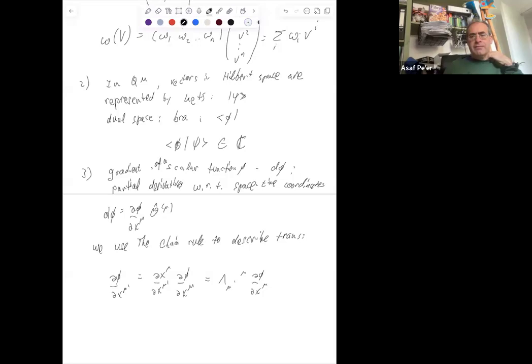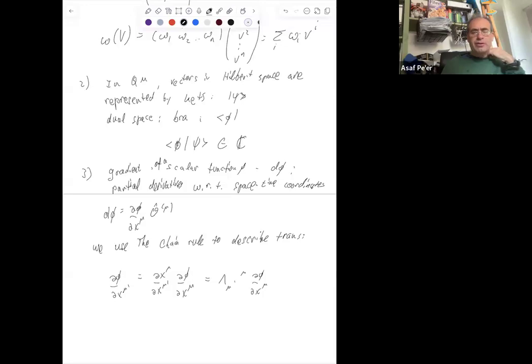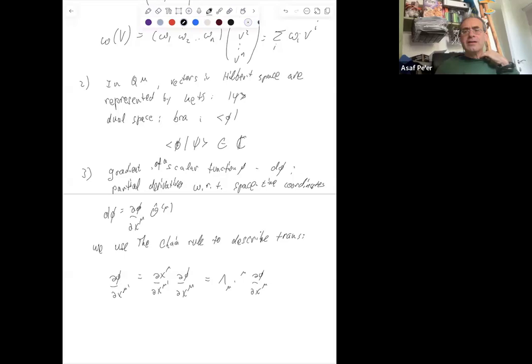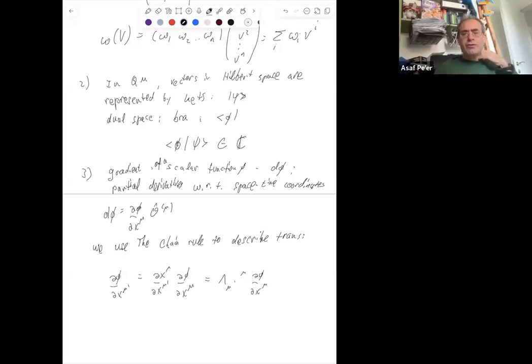So what is a gradient? How something changes with respect to space. Yeah, but what type of object is it? An operator? No. It's a covector. You're used to thinking of gradients as vectors, but no, they actually belong to the cotangent space.